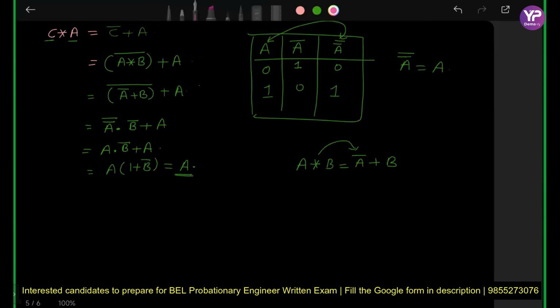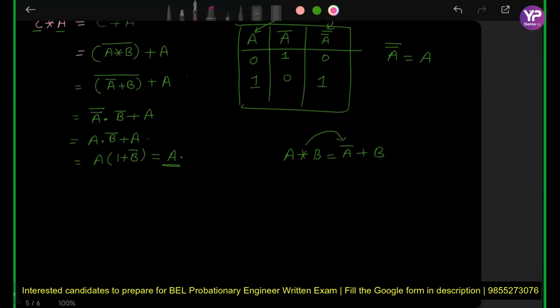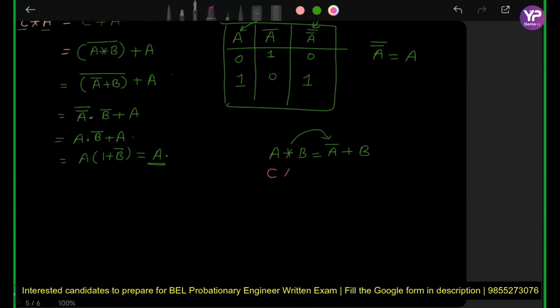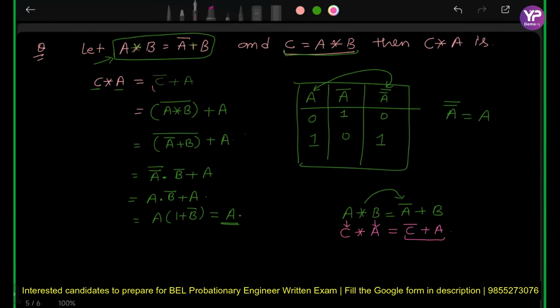Now what I did, in place of A I replaced C, in place of B I replaced A. So where you see A, you have to put C, and where you see B, you have to put A. Now you understood or not? Yes, sir. I just replaced this A with C, this B with A, so we got this expression. That's why I wrote C bar plus A here.